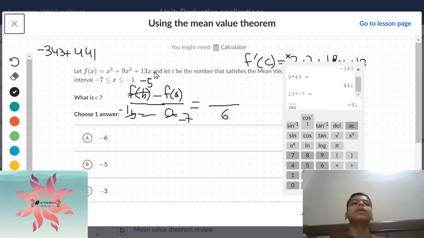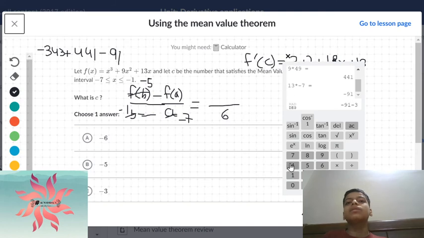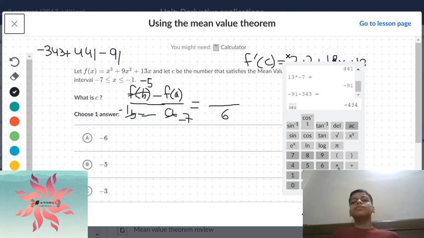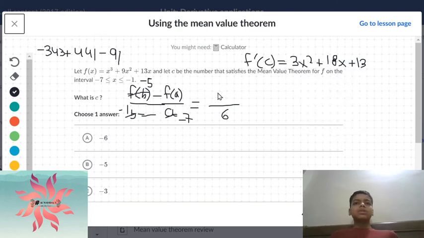It is equal to negative 91. What is negative 91 minus 343? It is negative 434. And if you add 441, we just get 7. So f of a is 7.